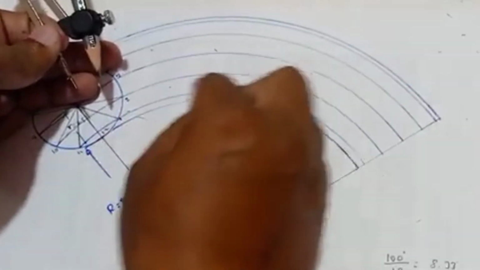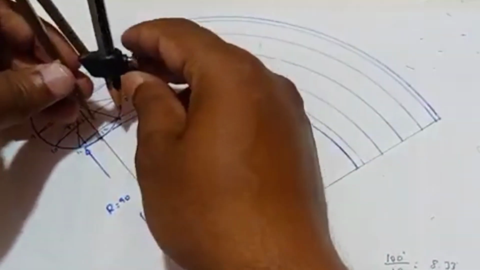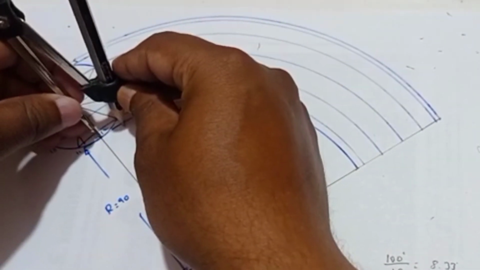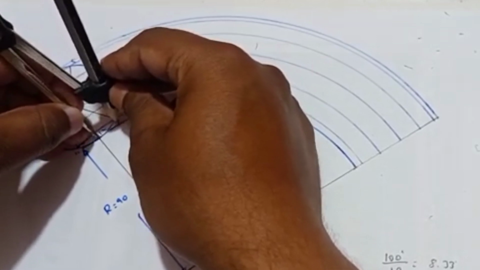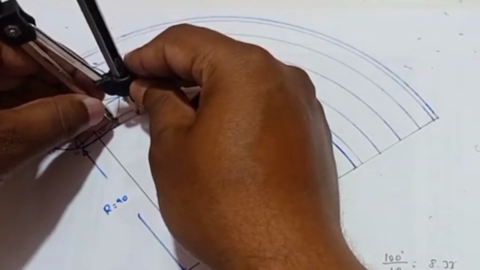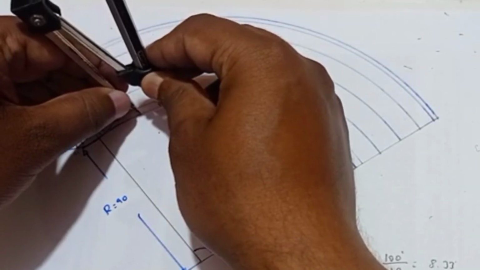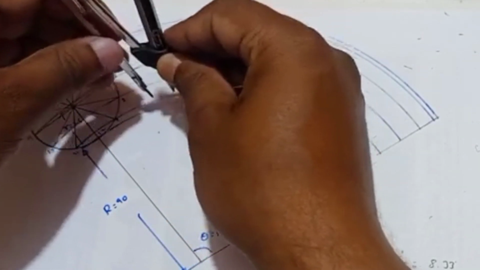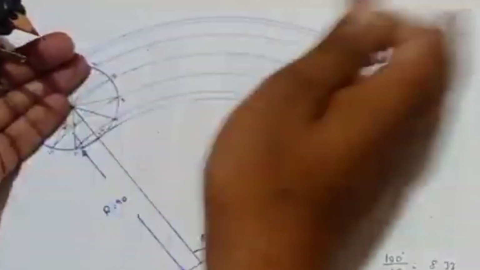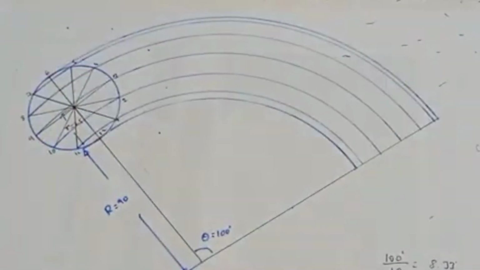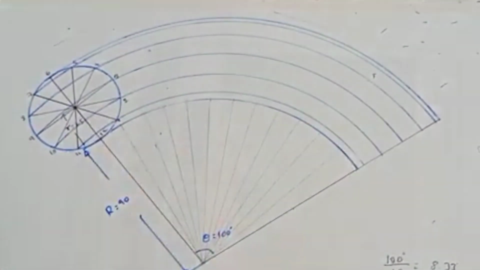I think it's also not possible. A little less. I have to take 1, 2, 3. Okay, so this method we call the trial and error method. After the trial and error method we are getting these 12 equal parts.